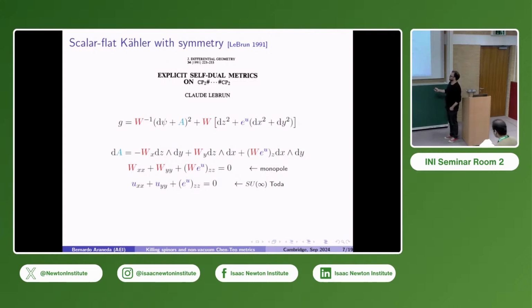Again, if you set U equal to 0, you recover the Gibbons-Hawking ansatz and the Laplace equation, but here it is a bit more complicated. Finally, there is another equation for the new unknown U, a nonlinear PDE called the SU(∞) Toda equation.